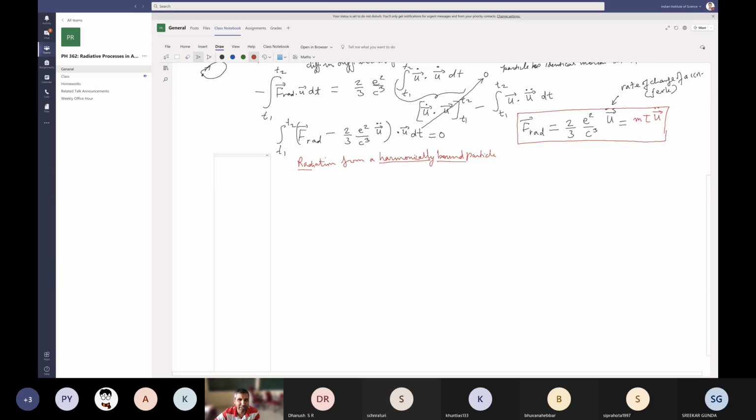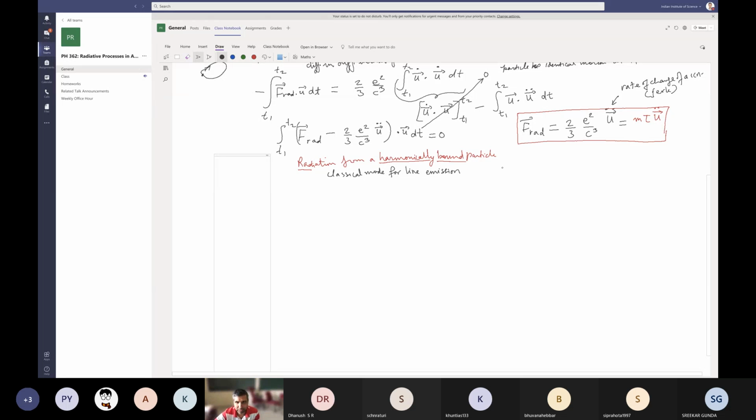The force acting in a stable orbit can be thought of as, if you perturb it, it will do harmonic oscillations. So this is a classical model for line emission. Emission happens in these emission lines, and this harmonically bound particle model is the classical model for that.